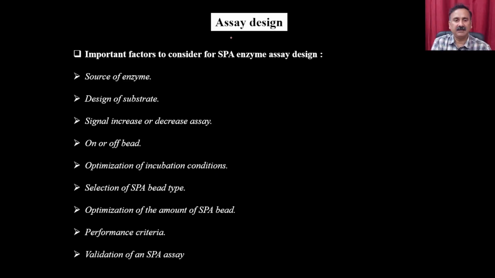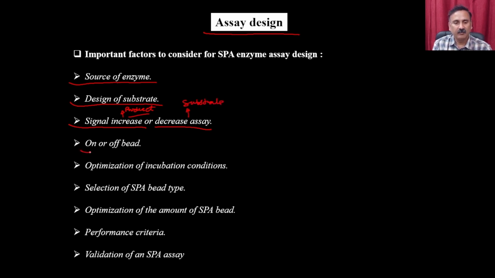Then we have the assay design. There are important factors you are going to consider when you design SPA based radiometric assays. First is the source of the enzyme, the second is the design of the substrate. Then you are going to decide whether you want to use the signal increase or the signal decrease assay, which means whether it is easy to measure the product, or whether it is easy to measure the substrate.